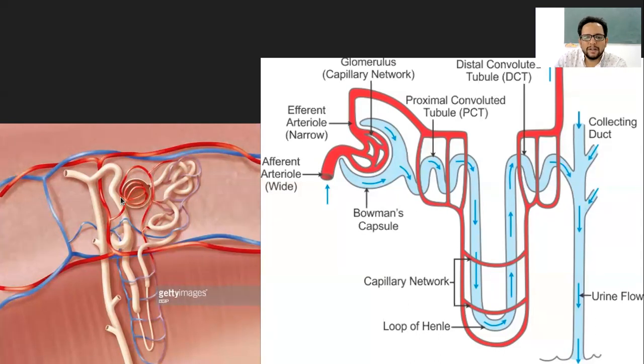Whatever is filtered is going to this very finely represented Bowman's capsule. You can see this faint light orange, skin color.